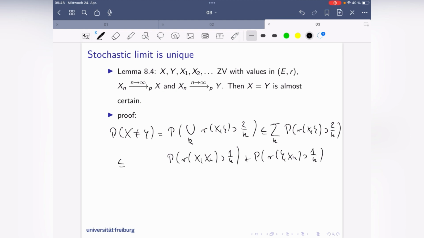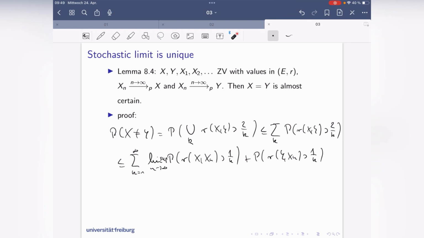And this holds for all n, of course. And for this reason, it also has to hold for the lim sup as n goes to infinity. And then I must not forget the sum over k here.